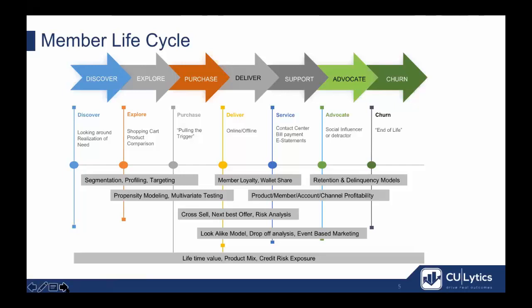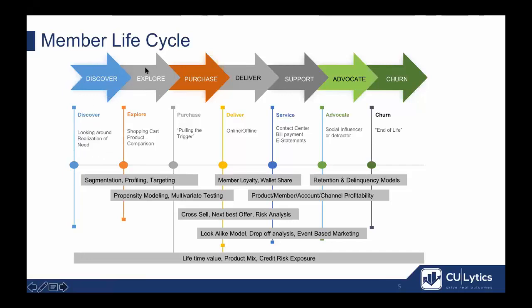Next thing is around the member life cycle, where we see that data is important as we engage with members throughout the life cycle. Members typically at the first stage are looking around and exploring the need, and that is where they're discovering your organization.